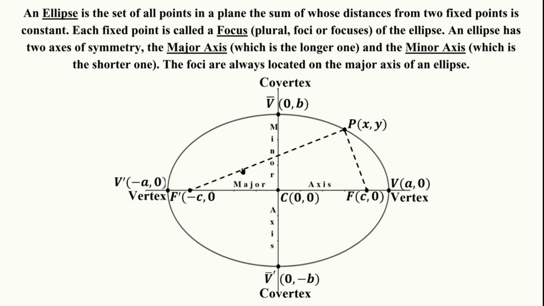Now, basically, all you're doing is you're picking a couple of points in the plane and fixing them, and then you're fixing a certain distance, which is the sum of these two pieces that you see here, the distance between that point and either focus.